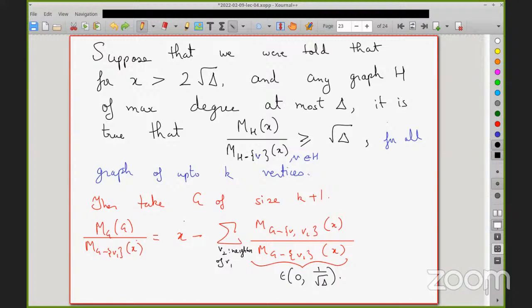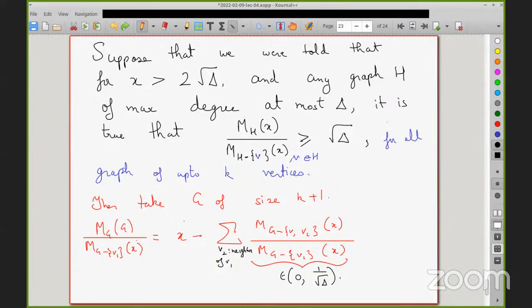And the final polynomial might be negative or whatever, it doesn't matter. The whole point is that all this tells us that mgx has the same sign for all x bigger than 2 root delta. Its sign doesn't depend upon x. No, only for x greater than 2 root delta, right? Exactly. For x bigger than 2 root delta, its sign doesn't depend upon x, which means that there cannot be a root after 2 root delta, because if there is a root, the sign must change.